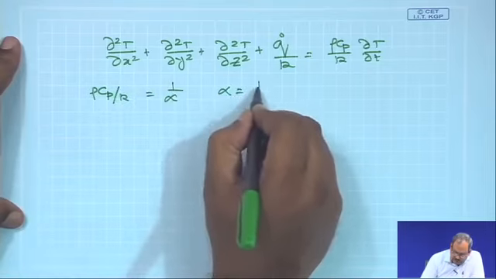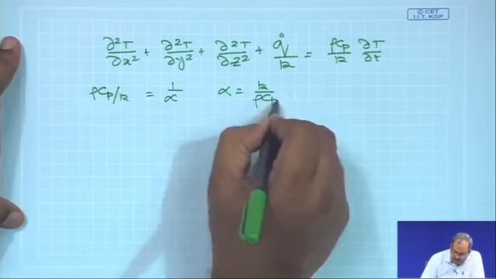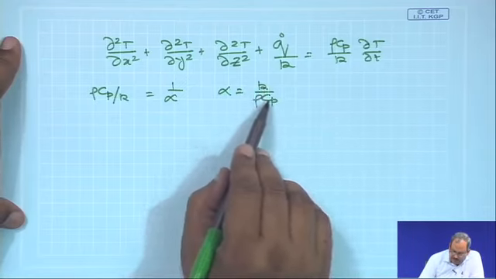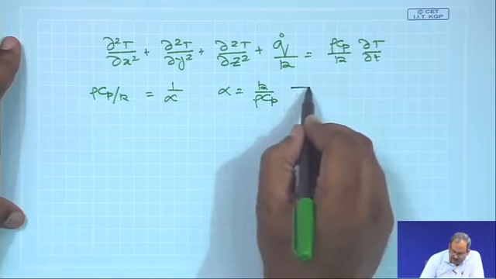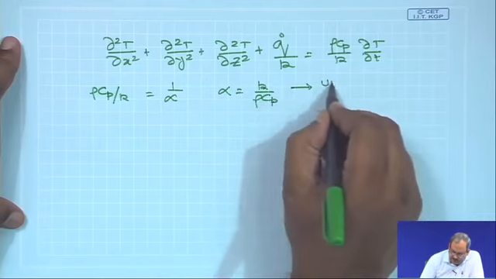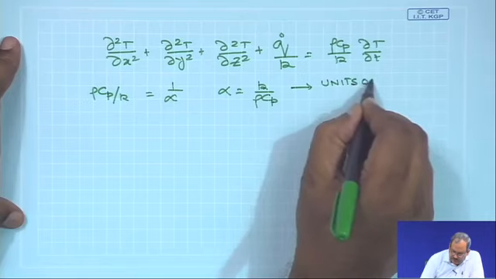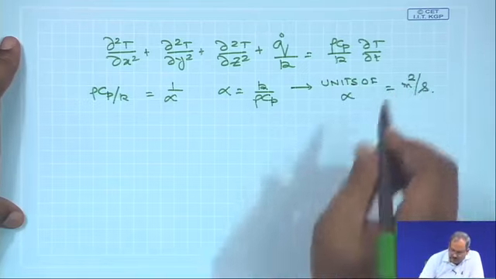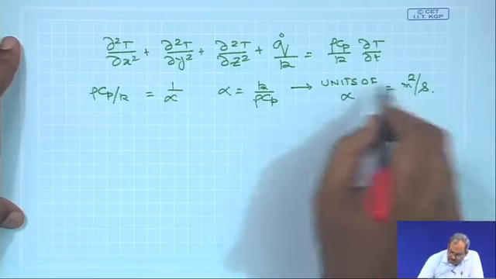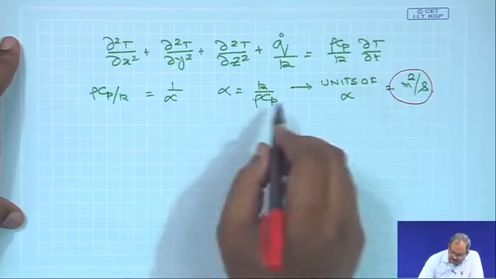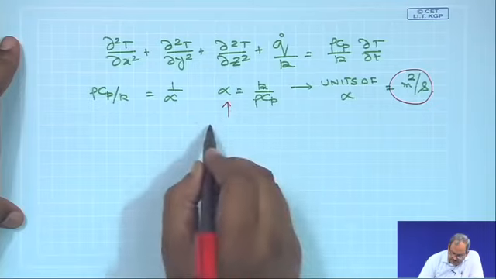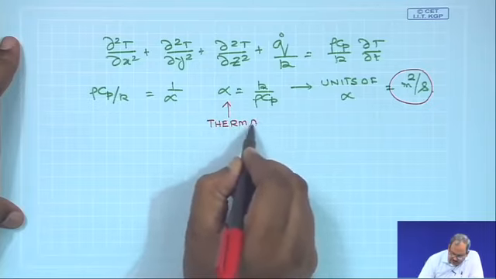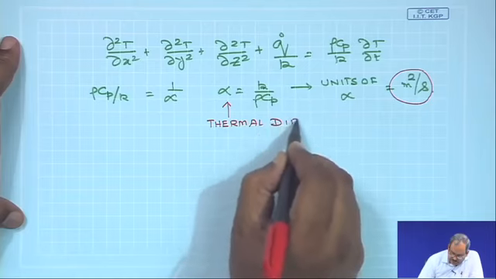So, alpha is simply k by rho Cp, and if you put the units of k, rho and Cp in here, you would see the units of alpha are simply meter square per second. So, what this tells me is that this alpha is known as the thermal diffusivity of the system.